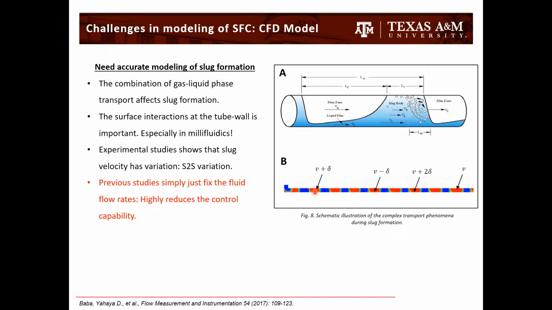And the mixing velocity in each of these slugs is slightly going to be different, which is going to affect the crystallization. Previous studies, both computational and experimental, just fix the flow rate of liquid and gas, and they do not consider this slug variation, or it's very difficult to account for this. And that's why in this work, we want to address this issue and take it forward.